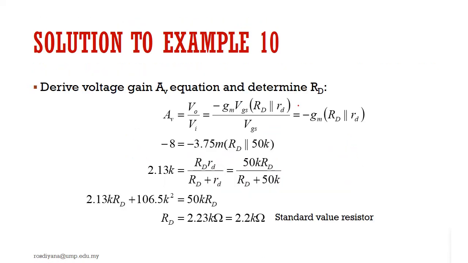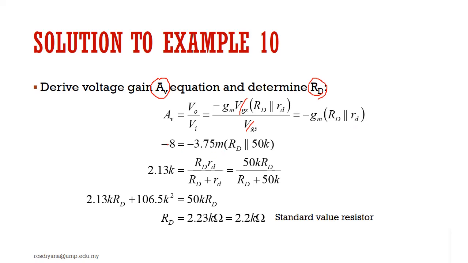Now from the question, the AV is given. So we use the AV equation to determine the RD. We do it step by step. Voltage gain is Vout divided by Vin. Vout equals negative GM VGS multiplied by RD parallel with small rd. Then Vin equals VGS, so we can cancel it. So we get negative GM RD parallel with rd here.